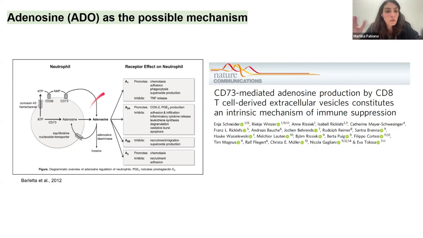Adenosine has several inhibitory or anti-inflammatory functions, mainly by activating A2A receptors in neutrophils. So we started thinking that maybe in our system adenosine was being produced, and that maybe EVs were carrying these enzymes.